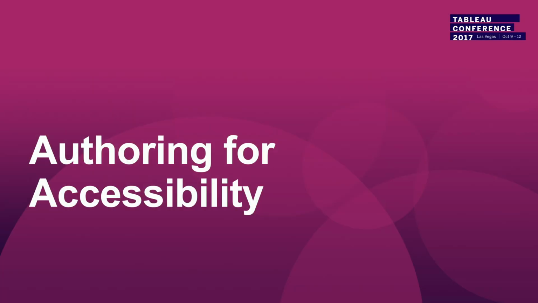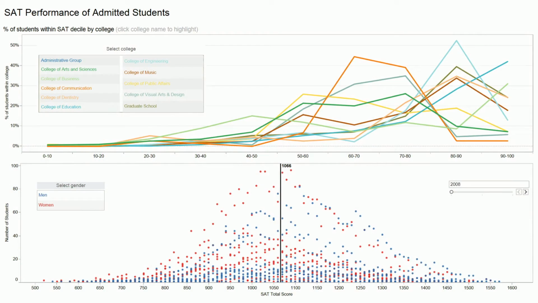So let's do it. Let's take this viz that I showed earlier, and we'll make it more accessible. We'll make it compliant, AA compliant. So the way we're going to do this is I'm going to walk through all of the requirements that matter for authors.